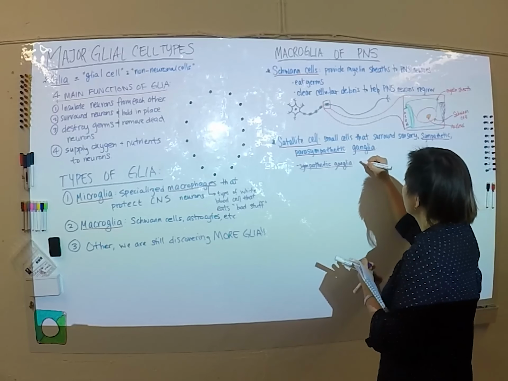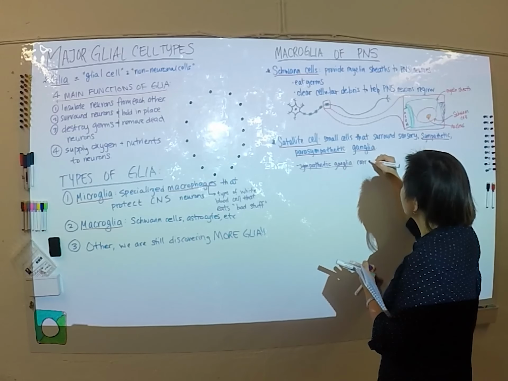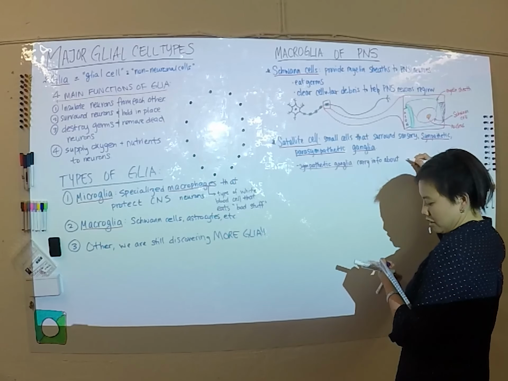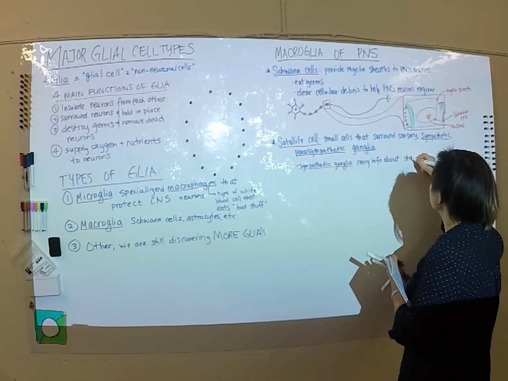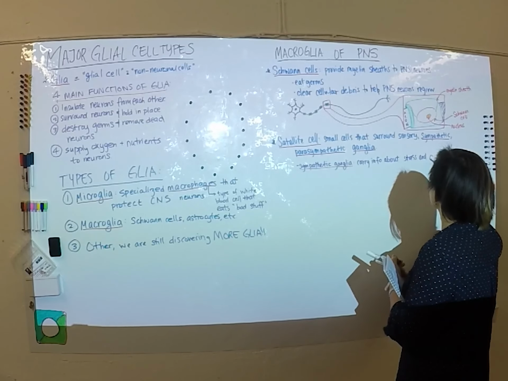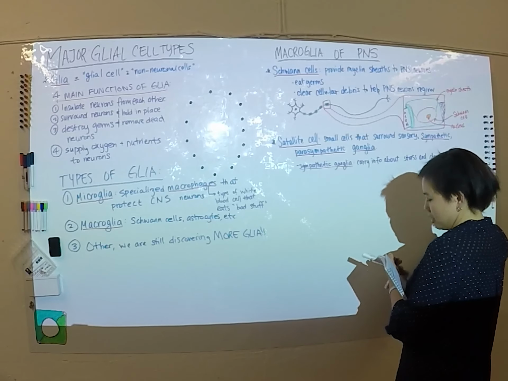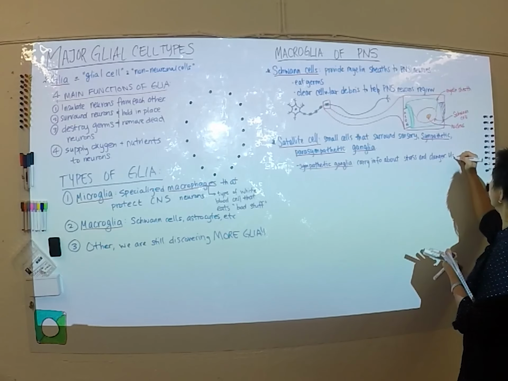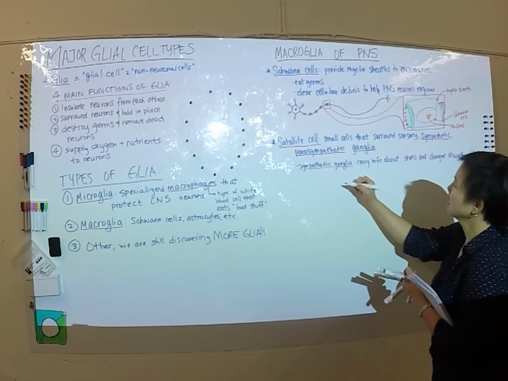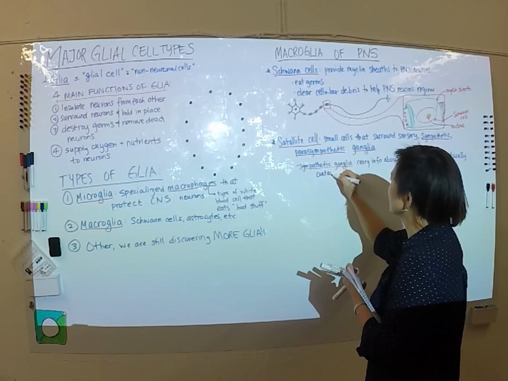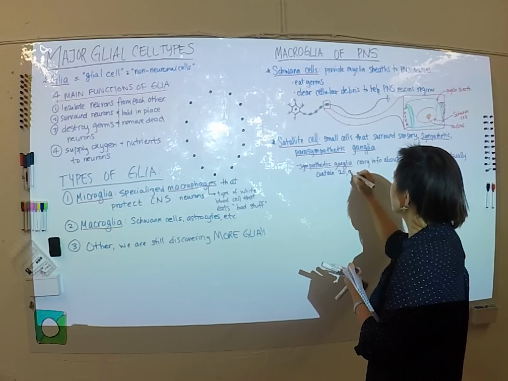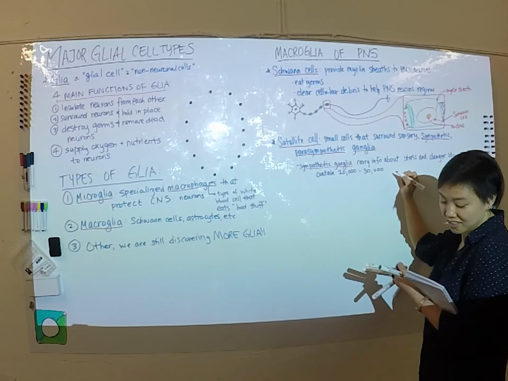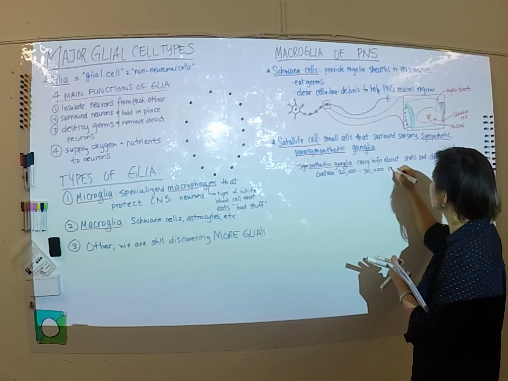All right, so these carry info about stress and danger. Okay, they usually contain 20,000 to 30,000 cell bodies.